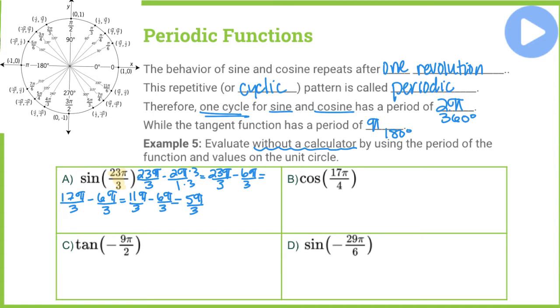And I believe 5 pi over 3 is on the unit circle right here. And 5 pi over 3 gives us the point 1/2, negative square root of 3 over 2. Now if we're looking for sine, we need to remember that sine is the y part of the ordered pair.